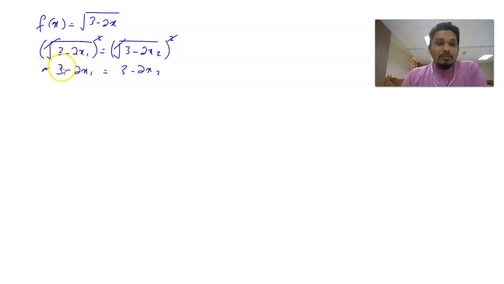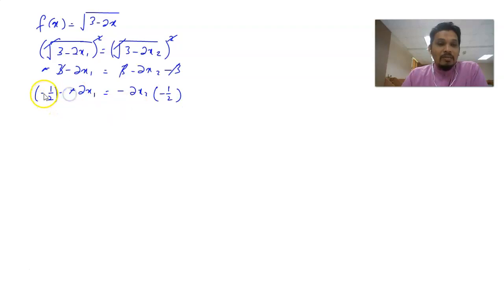Bring this 3 to the other side, it becomes negative 3, so 3 minus 3 equals 0. Negative 2x1 equals negative 2x2. Multiply by negative 1 over 2 on the left and also right.